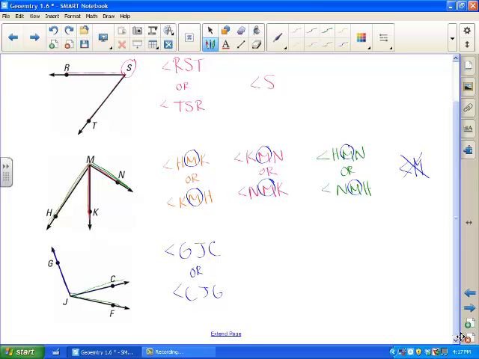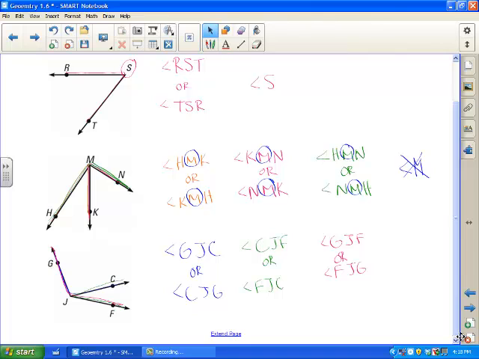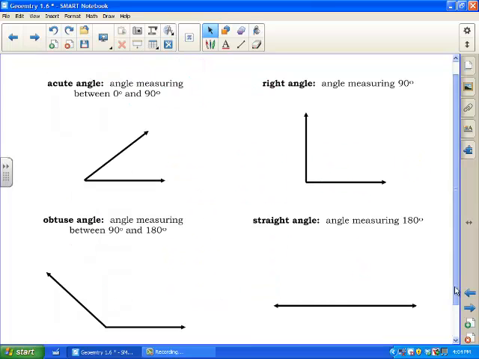It has sides JC and JF, so I could name it angle CJF or angle FJC. And finally we'll look at this big angle, the whole thing, that has sides JG and JF. I could either name this angle angle GJF or angle FJG. And remember, since 3 angles all share the vertex, I can't just use angle J because that could mean multiple angles.